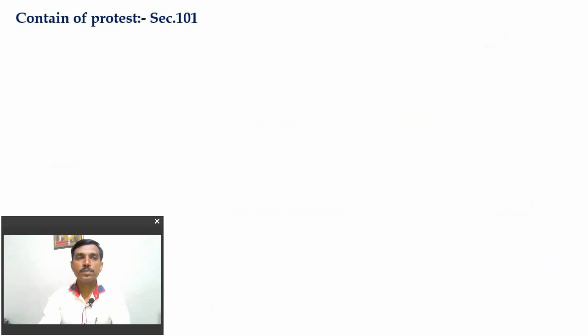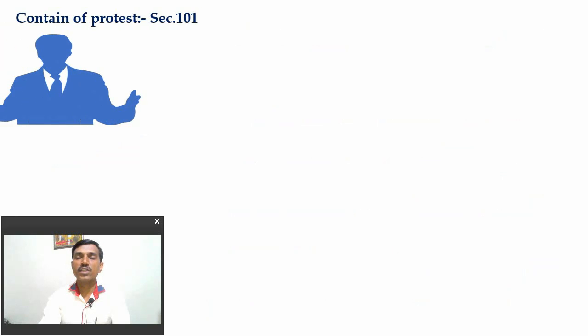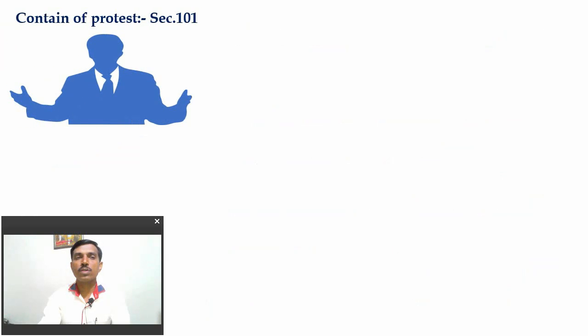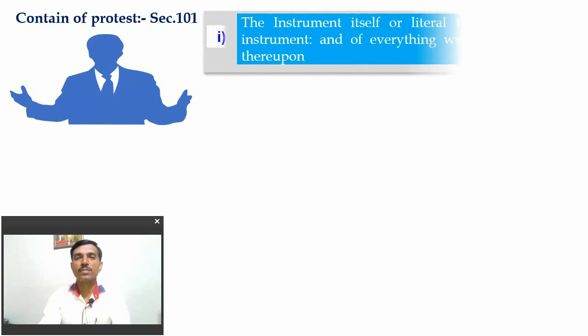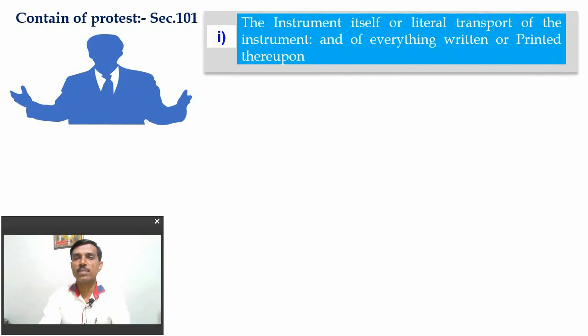Certain content is necessary in the protest of dishonor. The content of protest is mentioned in section 101 of the Negotiable Instruments Act. First, the instrument itself, a literal transcript of the instrument and everything written and printed thereupon.